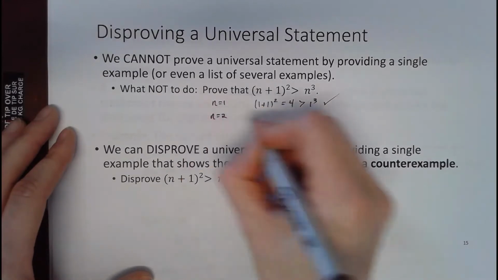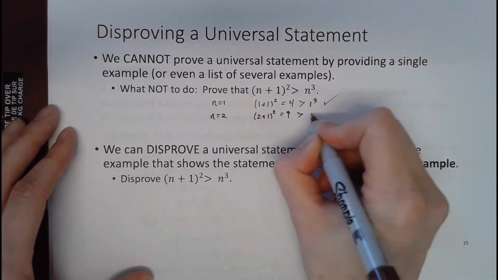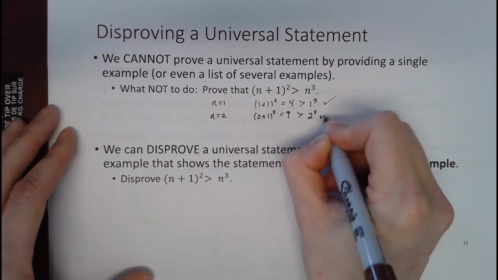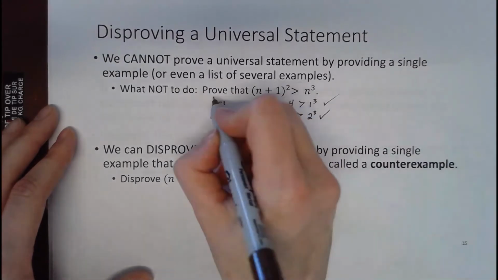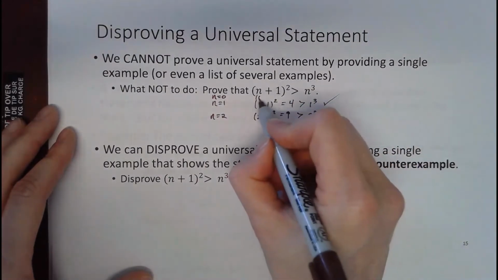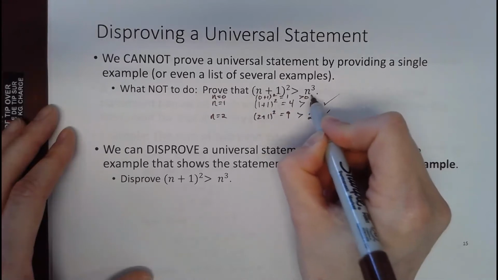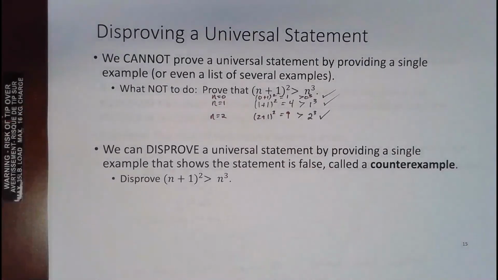When n equals 2, 2 plus 1 squared, that's 9. That's greater than 2 cubed. That works. Last time we did 0 and greater. 0 plus 1 squared is 1. That's greater than 0 cubed. That one works. You say, hey, it worked like 3 times in a row. This is definitely true.